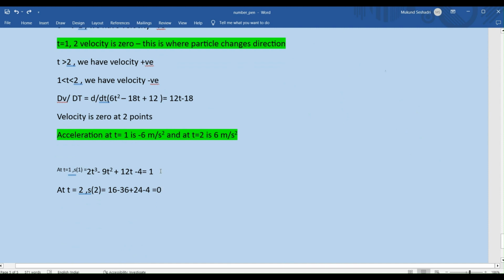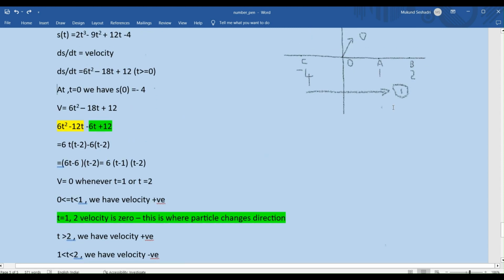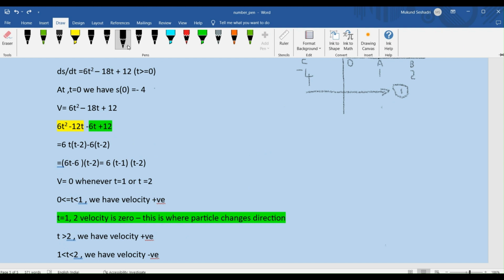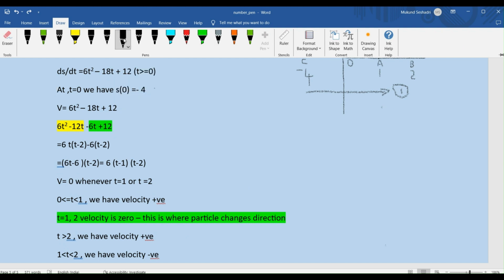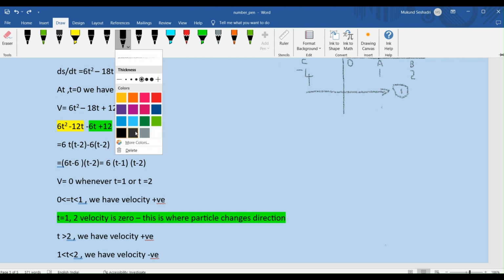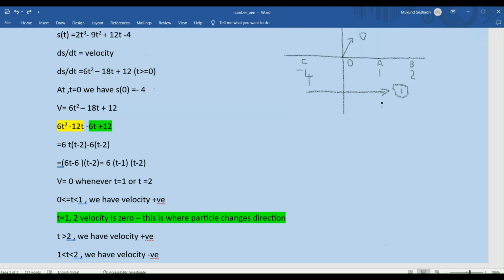At t equals 1, we are here, and at t equals 2, we are here, right?